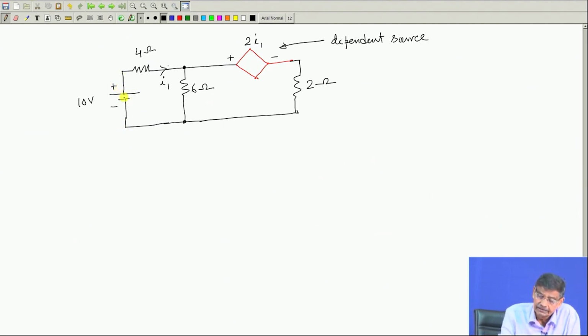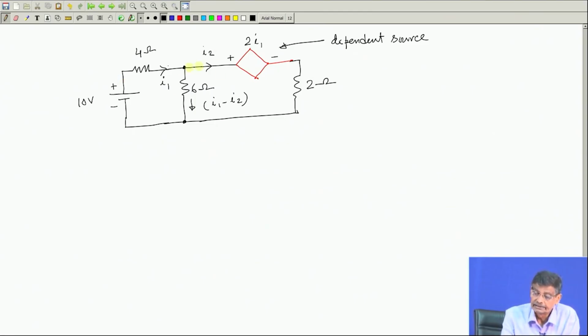So, consider this loop and try to write down the KVL equation. Got the point? So, how to do it? Let us assume this current to be I2. If this is I2, the current in this branch will be I1 minus I2. So, actually two unknowns are there, I1 and I2.